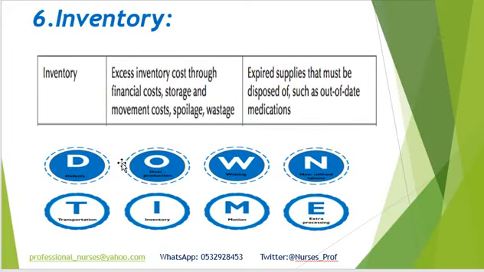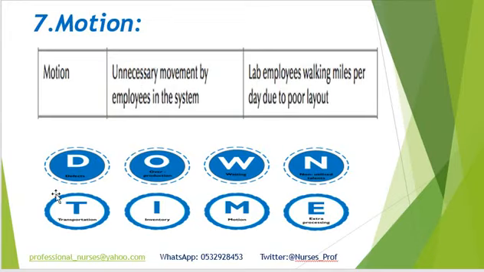The next one is motion. What do we mean by motion? By motion, we mean unnecessary movement by employees in the system. An example of that is a lab employee walking miles per day due to poor layout.